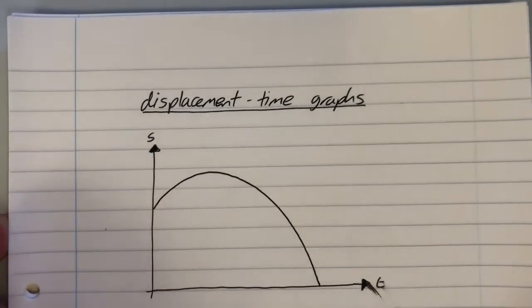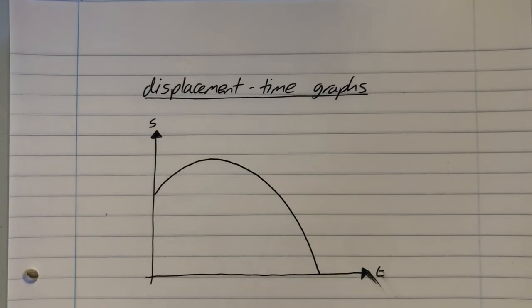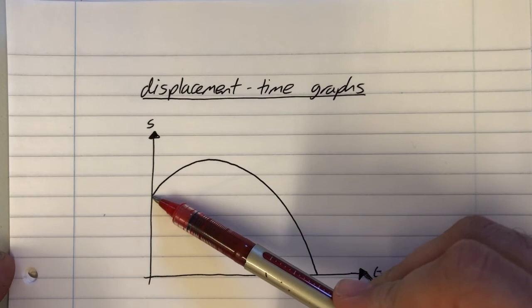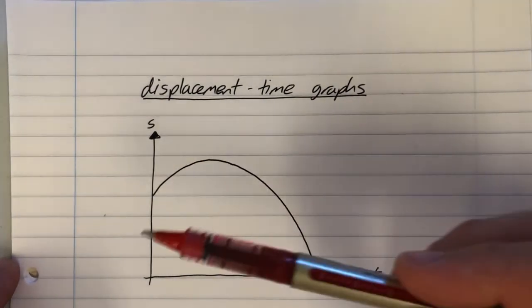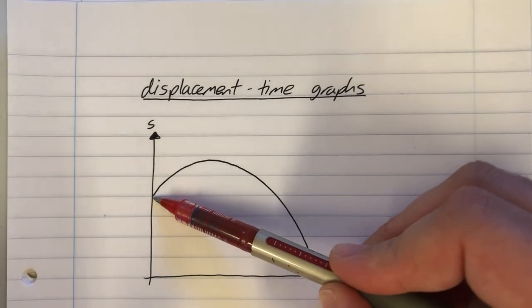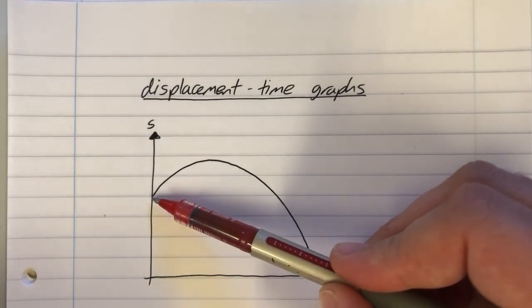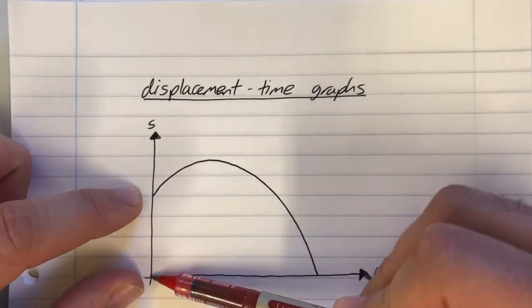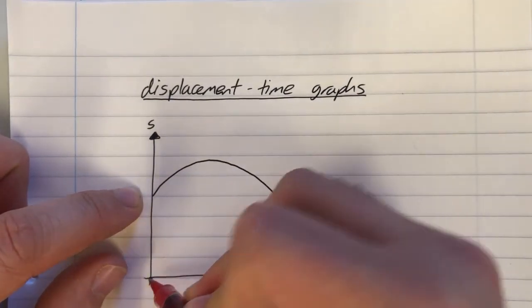A displacement-time graph is where we plot the displacement of an object against the time from the start of the model, which is when t is 0. The object, whatever it is, might be a particle, it might be a car, we don't know, starts a certain distance away from a fixed point.